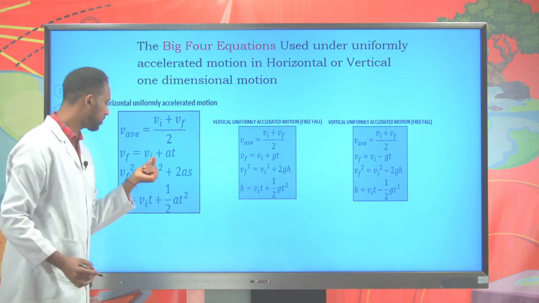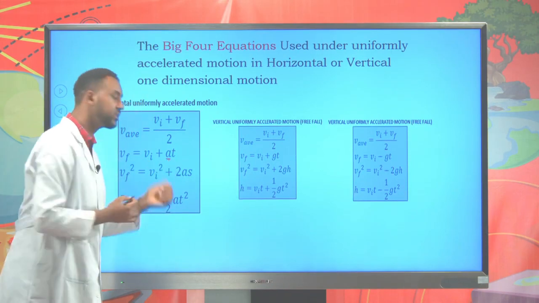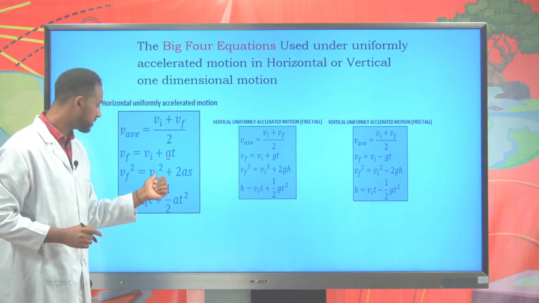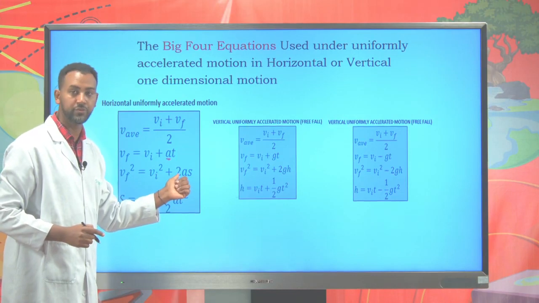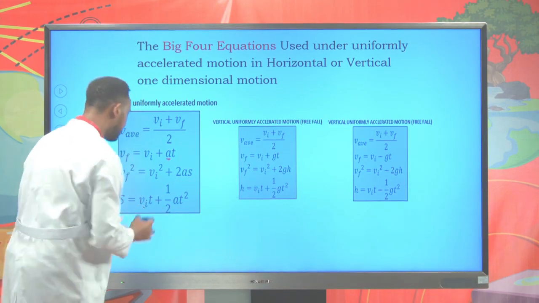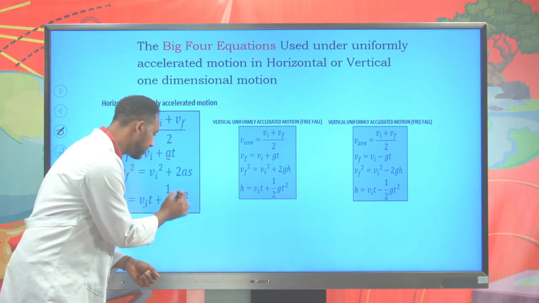The final velocity is equal to the initial velocity plus acceleration times t, and remember that this acceleration is constant. The final velocity squared is equal to the initial velocity squared plus twice the acceleration times displacement. And displacement s is equal to initial velocity times t plus half times acceleration times t squared.